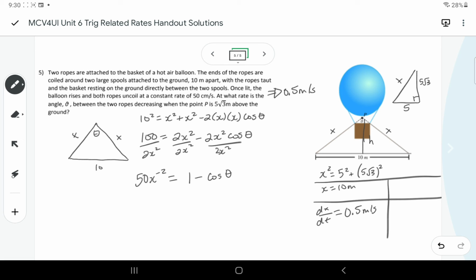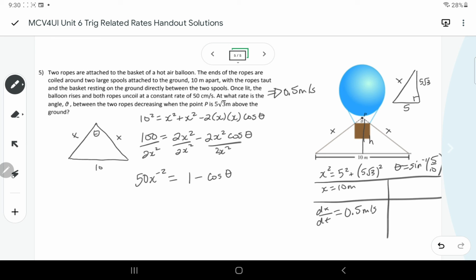Now, we could figure out cos theta at this point. If I went here, and I know that that's 10, and this is 5, then 5 over 10, theta is inverse sine of 5 over 10.